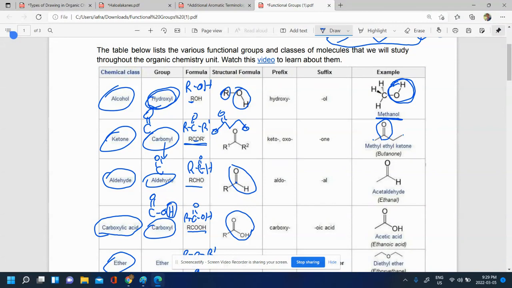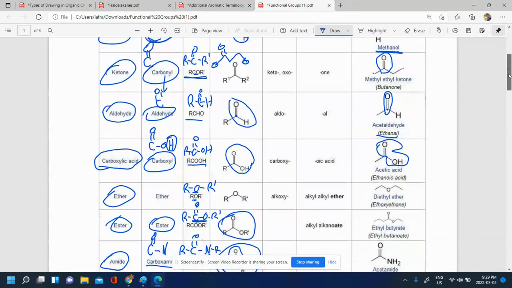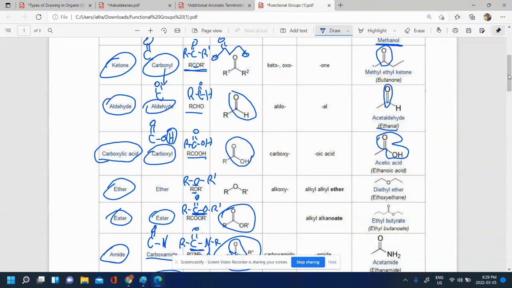Over here we have ethanol. You can see that we have the carbonyl group at the end of the molecule as opposed to somewhere in the middle. Here we have the carboxylic acid, the carboxyl group shown in the molecule, and so that's ethanoic acid.